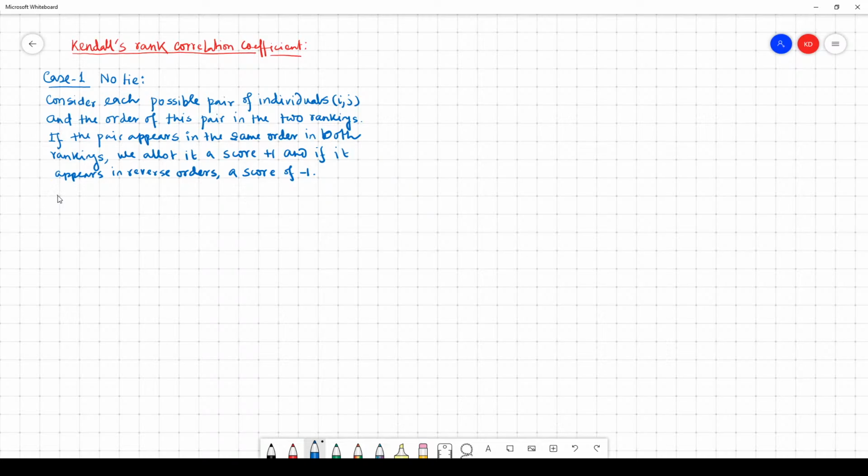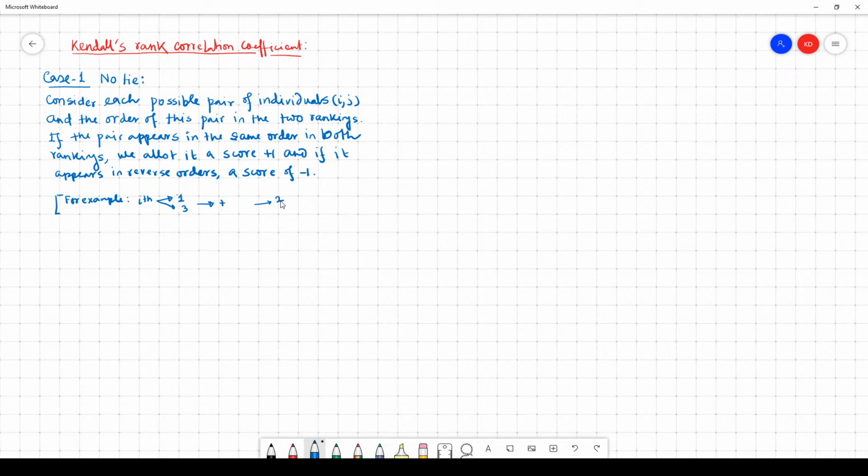For example, for the ith individual, if the rank of judge 1 is 1 and the rank of judge 2 is 3, say, then it is in the same order, hence we allot +1.